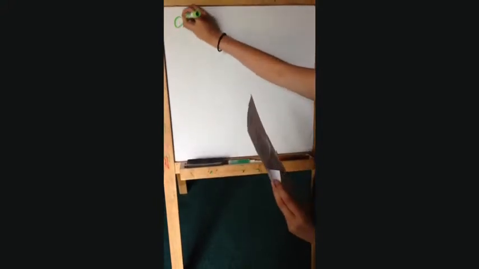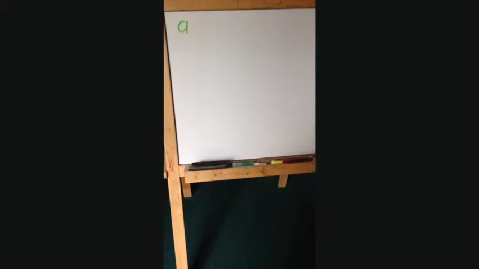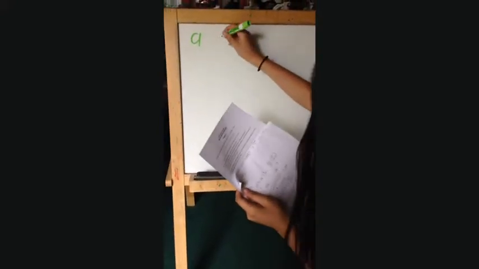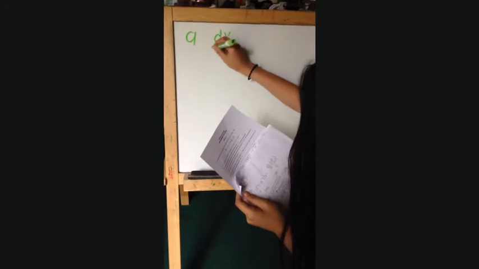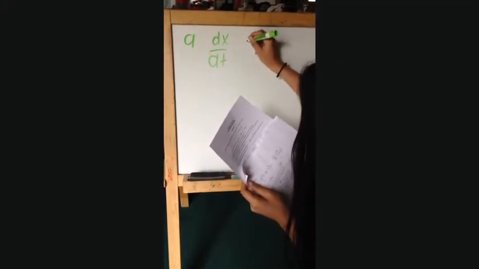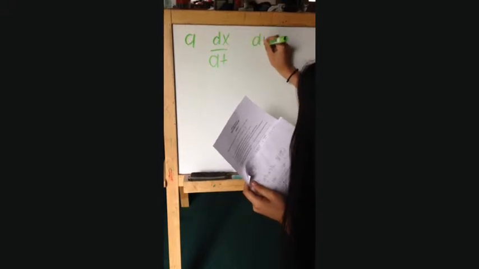Problem A says, find the acceleration vector and the speed of the object at time t equals 2. So to do this, you're given dx/dt and you're given dy/dt.